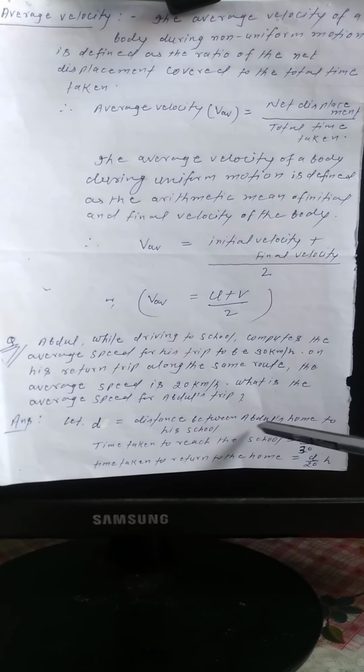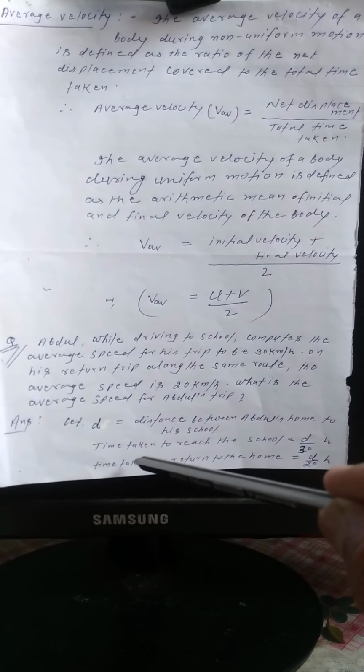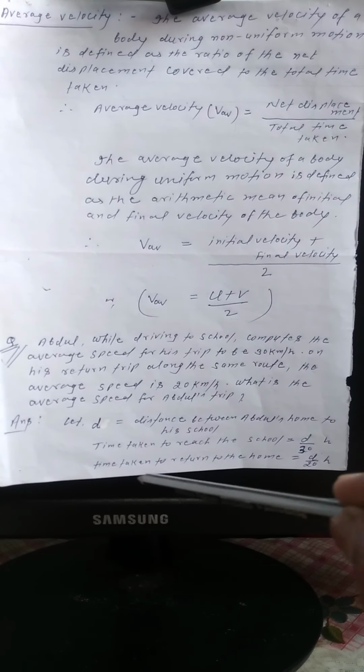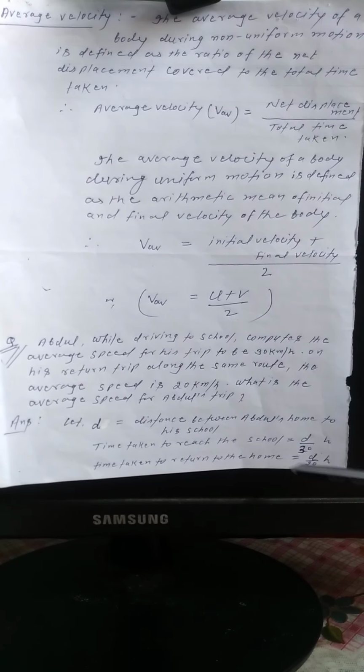Let D be the distance between Abdul's home and his school. Time taken to reach the school is equal to D by 30. Time taken to return home is equal to D by 20.